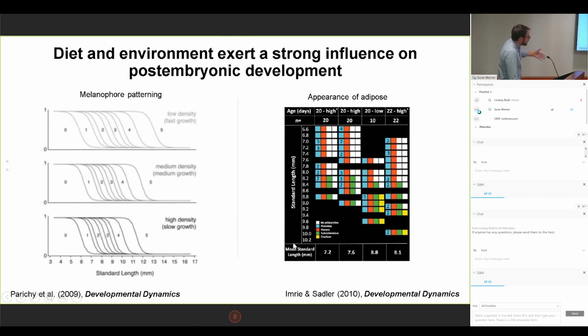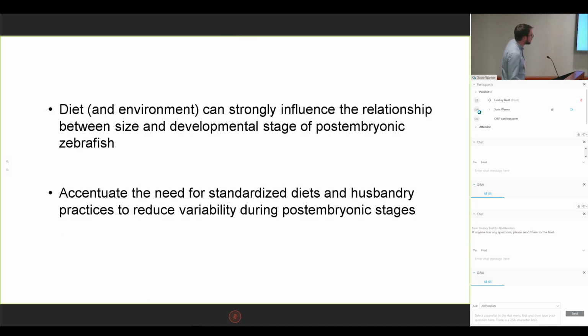What can be seen for both of these traits is that fish which are grown at a high density, with low food availability, actually develop, or developmental traits appear, at smaller sizes. So there's a disconnect between size of the fish and developmental progress of the fish. And so this makes for extremely complicated comparisons at these stages, and should definitely be included in any future diet study.